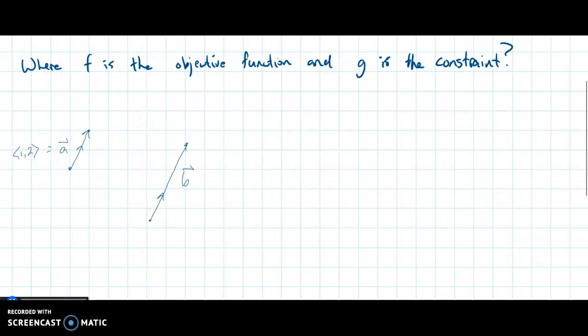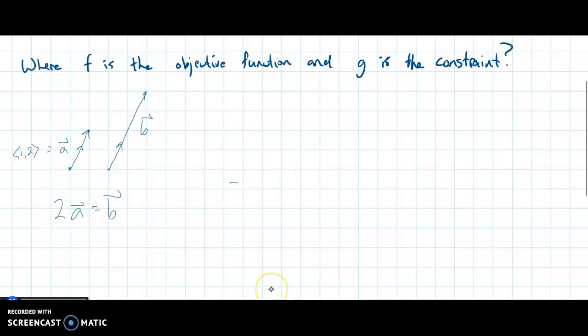So you can quantify this by saying 2 times A is equal to B, right? So if I double this vector A and I were to lay it over top of B, that would be the same, right? So the key about parallel vectors is that they are constant multiples of each other.